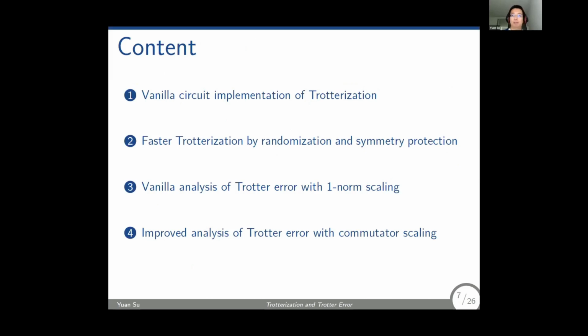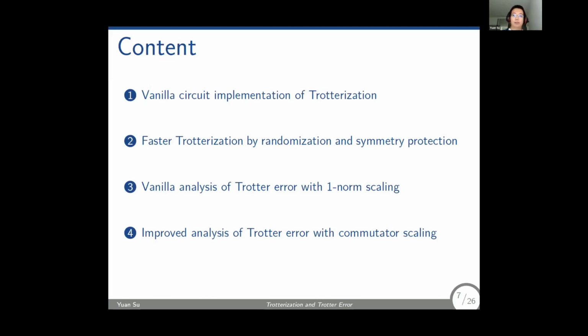Okay, so for the remaining part of the talk, I would like to talk about 4 different topics. I will begin by saying some elementary aspects of Trotterization. I will talk about how you can implement this algorithm in the so-called quantum circuit model. And then I will talk about some ideas that you can use to somehow speed up this method by using either randomness or some symmetry properties of the Hamiltonian.